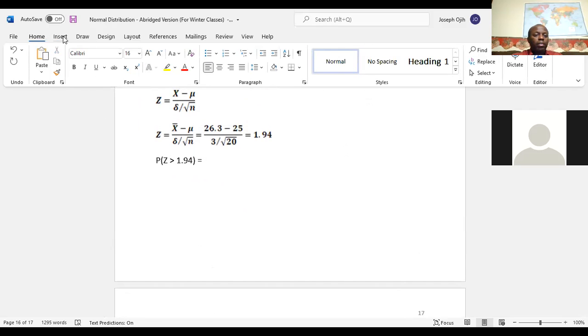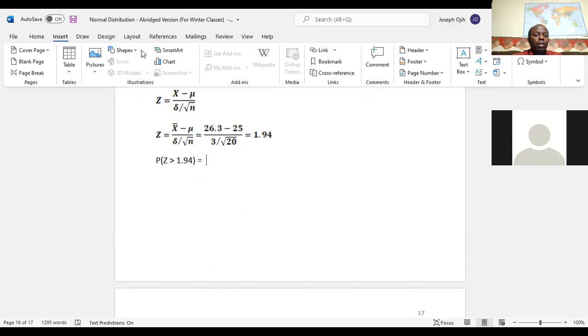Let me make a small chart here. I can draw it on the side, the same chart we'll be drawing all day.